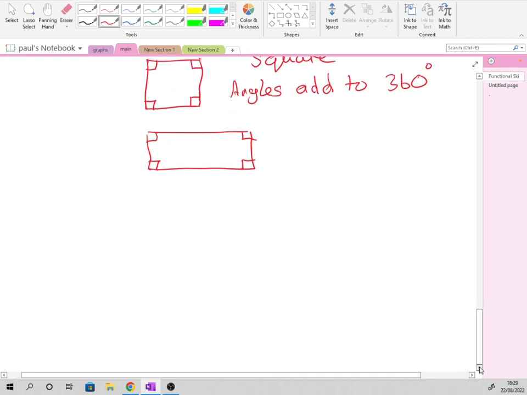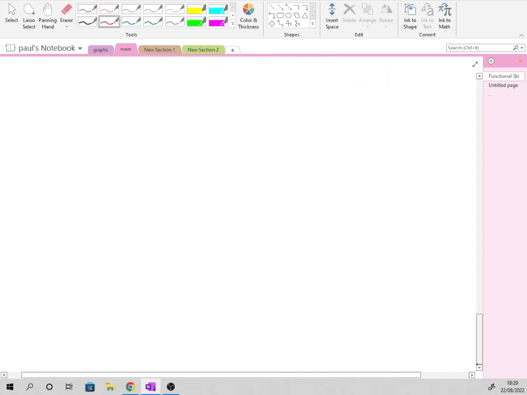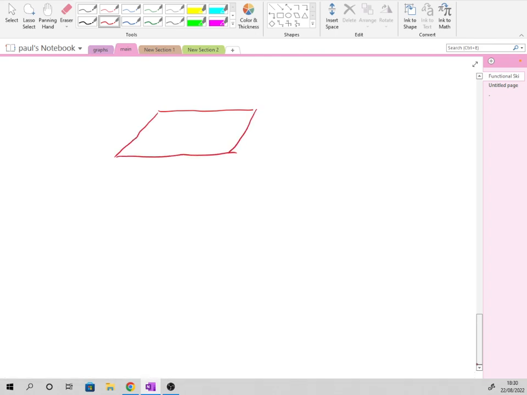Now, quadrilaterals only get a bit more interesting if we have one of these. I'm going to put a line there and a line there to say that this is called a parallelogram. So that is the same distance as that, and I put 2 lines there, that is the same distance as that.